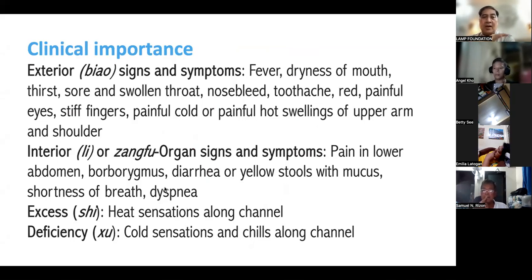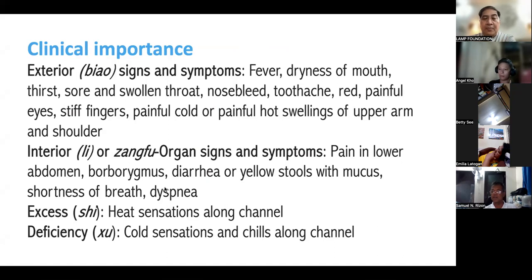So since magka-related lang po silang in large intestine, you would notice some similarities, but more emphasis on the mouth, the throat, diba? May fever din, dryness of the mouth, thirst, sore and swollen throat, nosebleed, toothache, red, painful eyes, stiff fingers, painful cold or painful hot swellings of upper arm and shoulder.